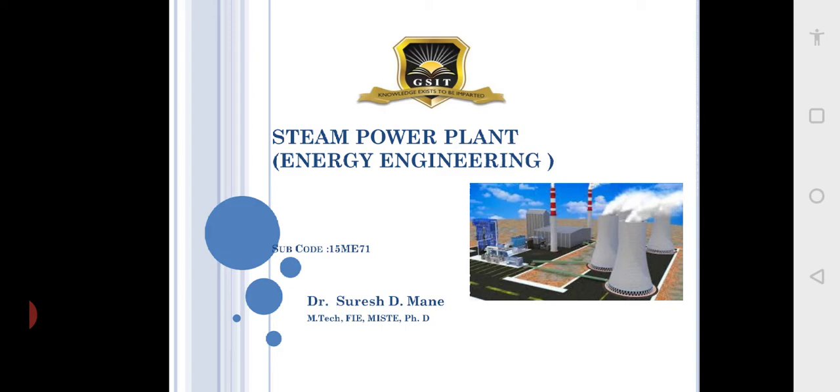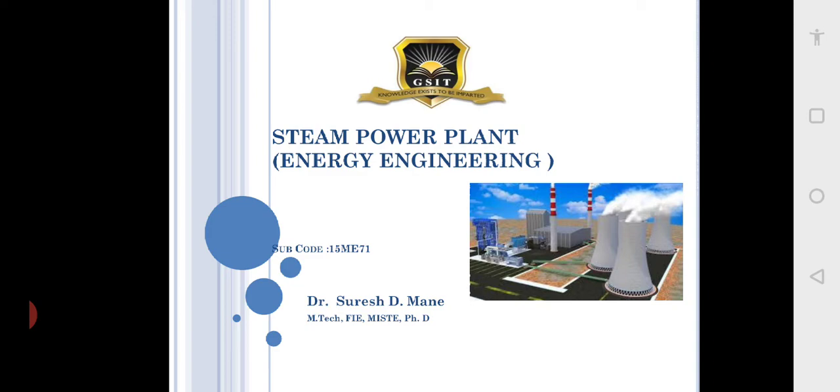Not only that, even your sugar industries, sugar manufacturing units, they too have a cogeneration plant, and they too have a boiler. Sugar industries, all they have a boiler where they burn this bagasse as well as coal to produce the steam. Big boilers, around 20, 30, 50 megawatt boilers, not bigger than that.